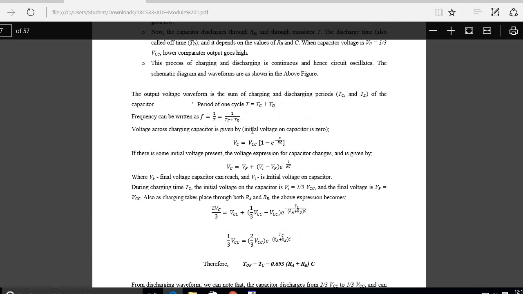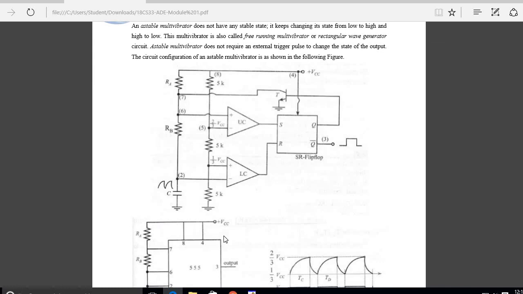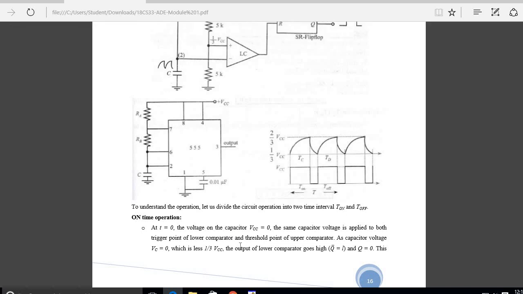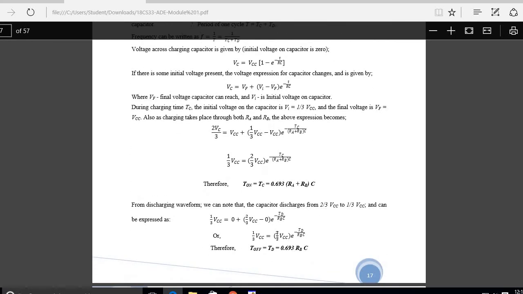If it is asked in the examination, what we'll do is write down the circuit diagram and the waveform, the internal schematic and external schematic, and an explanation of what will happen in T on and what will happen in T off, and these three expressions: Vc, T on and T off.